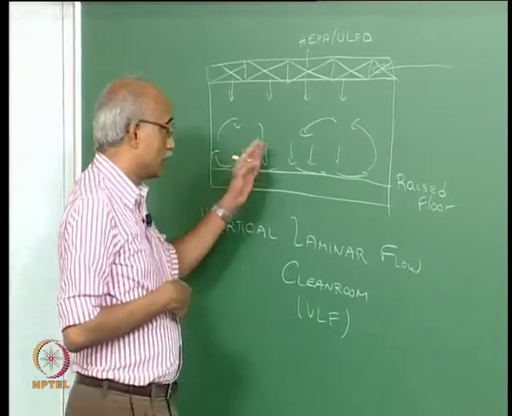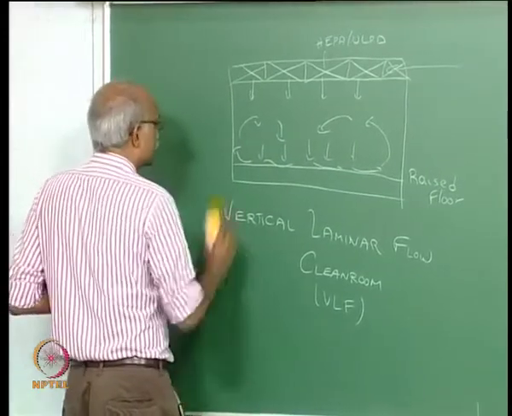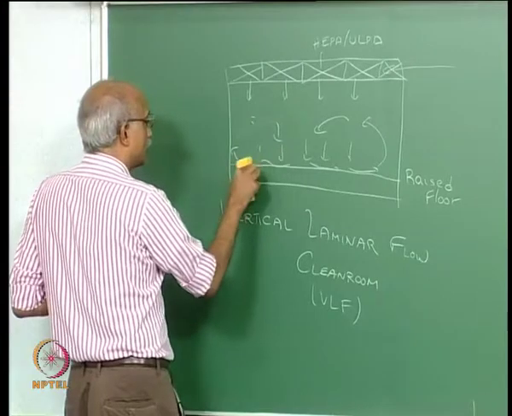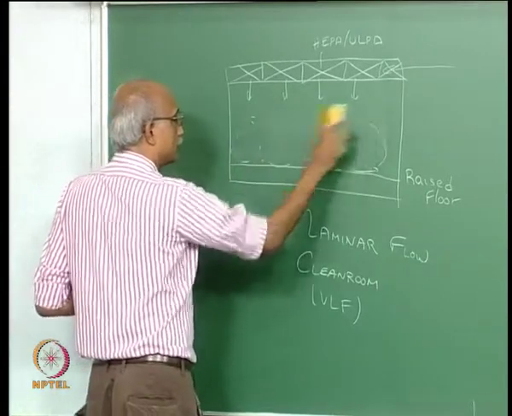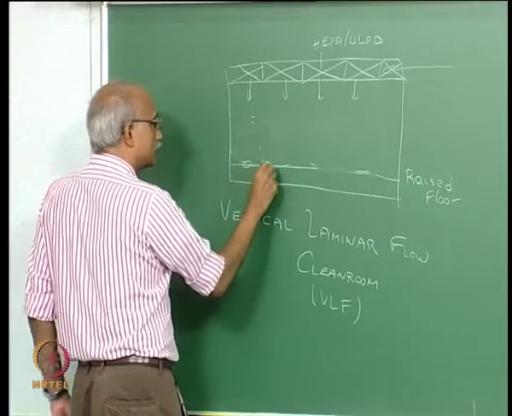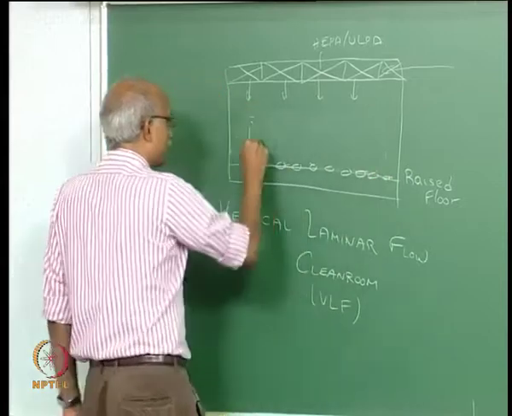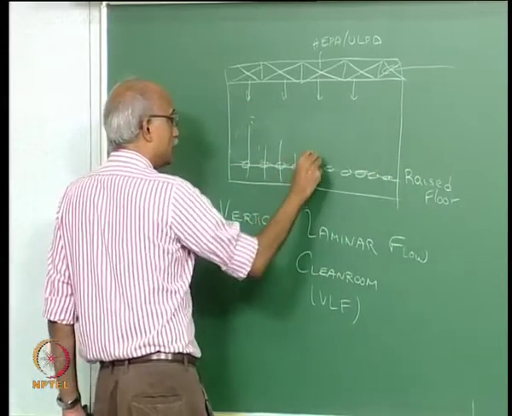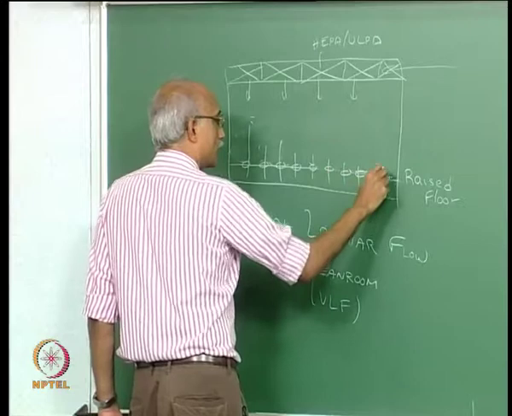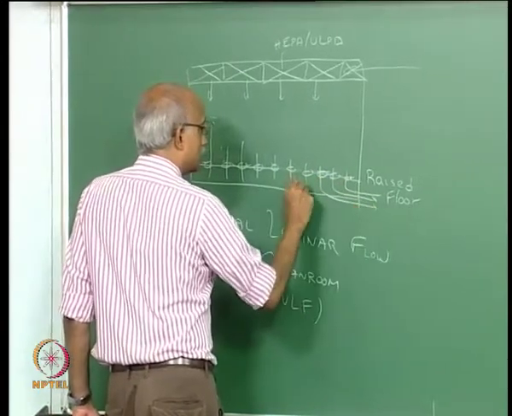So, in order to avoid this, what you do is essentially have a false floor or a raised floor which has holes in it. So this air is drawn through these holes and then it's exhausted out of this false floor.